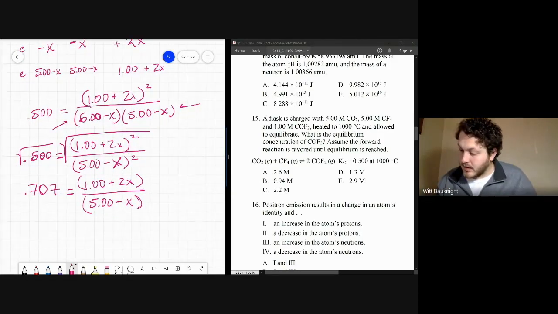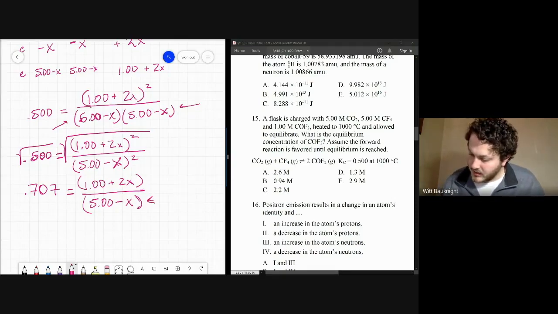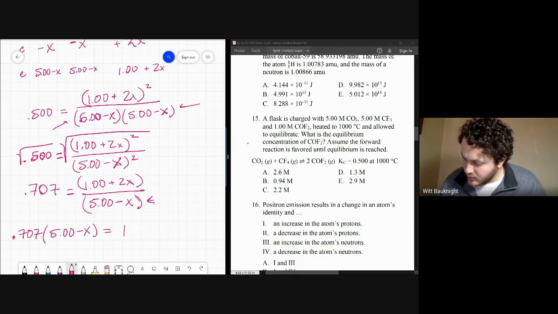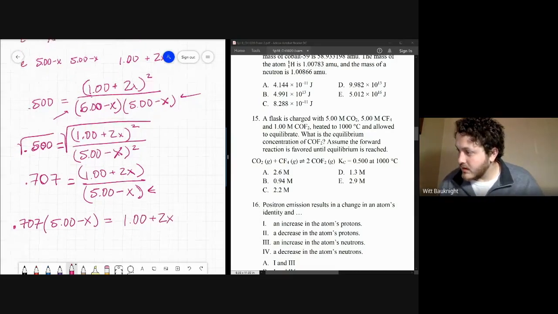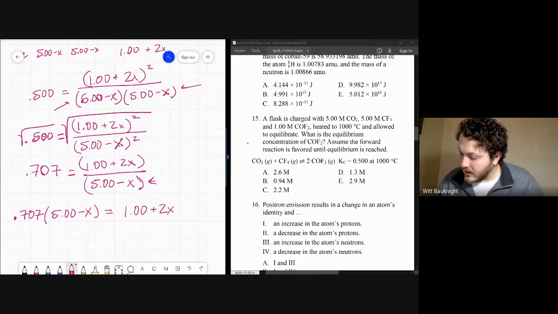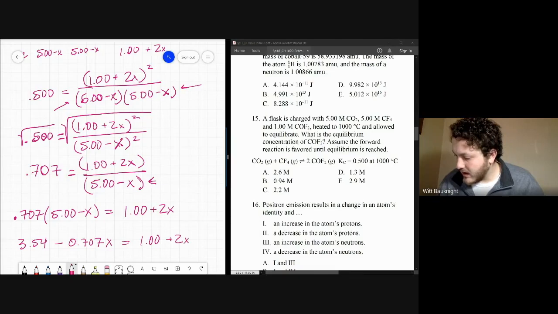We're going to multiply both sides by this, and we get 0.707 times 5.00 minus x equals 1.00 plus 2x. So we distribute out, we get 3.54 minus 0.707x equals 1.00 plus 2x.